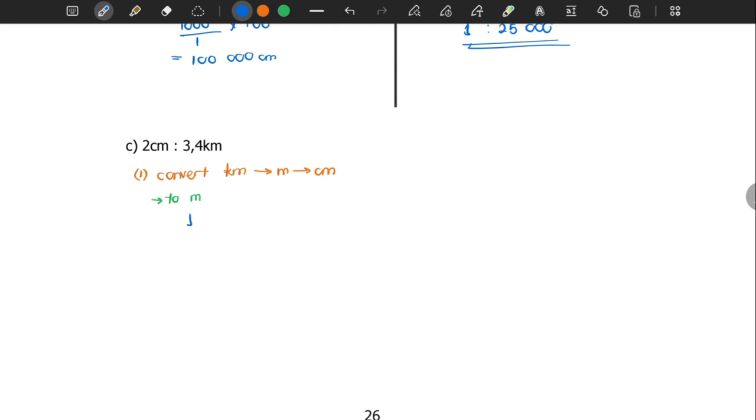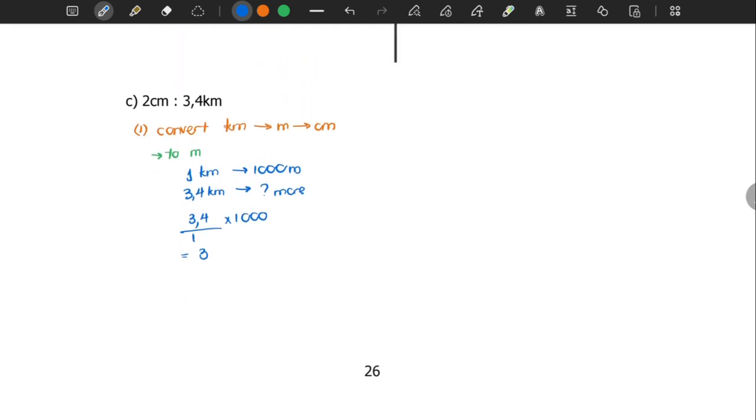So we have 1 kilometer is to 1,000 meters, and 3.4 kilometers, we're going to expect more. And to calculate that, it's going to be 3.4 over 1 times 1,000, which becomes 3,400.